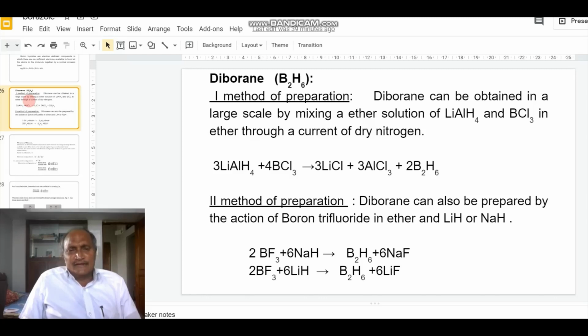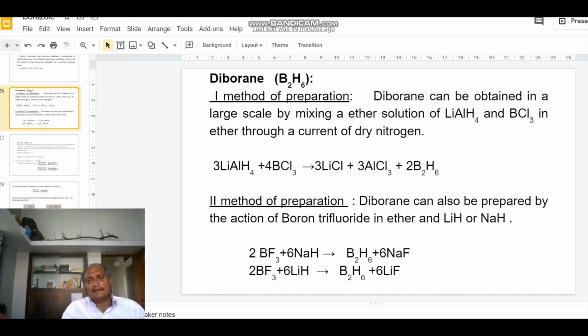So here, when we react 3 moles of lithium aluminium hydride with 4 moles of boron trichloride, we get 3 moles of lithium chloride, 3 moles of aluminium chloride, along with the formation of 2 moles of diborane, that is B2H6. So this is the first method of preparing diborane.